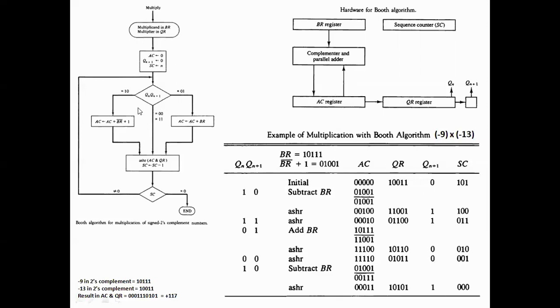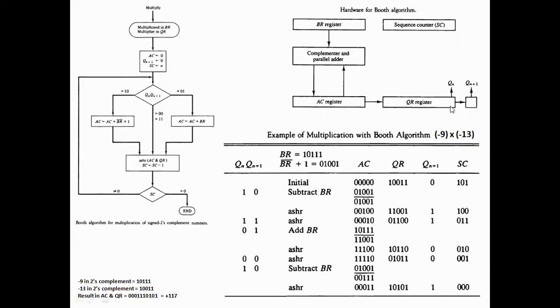Now the flowchart says that the next step you have to do is an arithmetic right shift of AC and QR. So this thing, AC and QR, I have to do arithmetic right shift. So all bits will be shifted by 1 to the right.